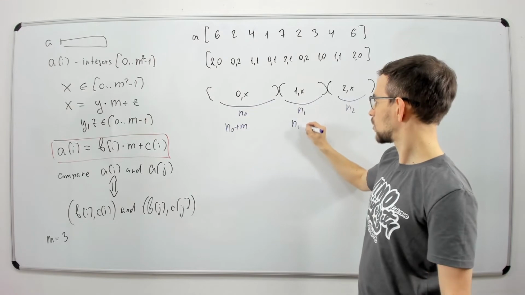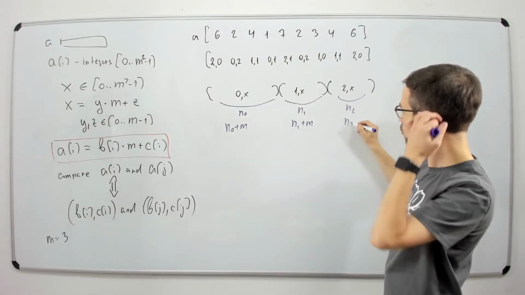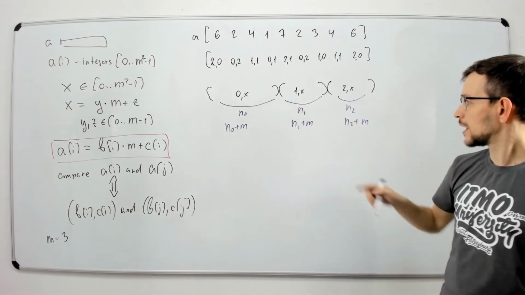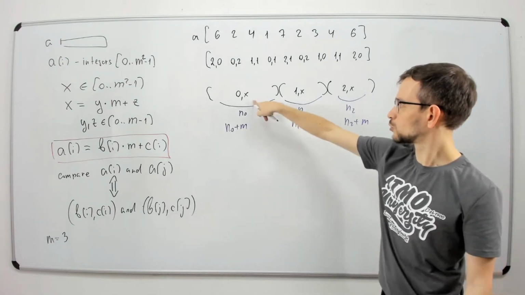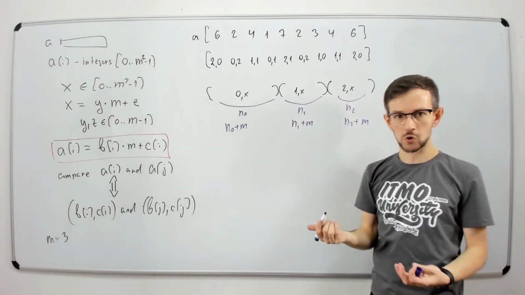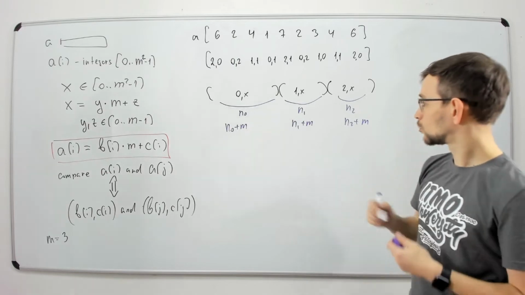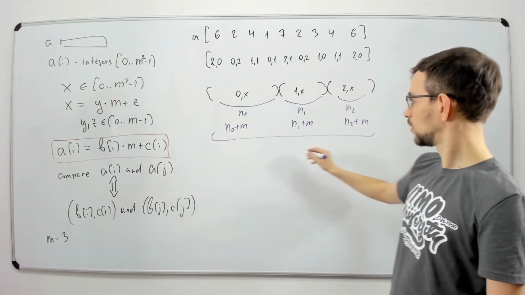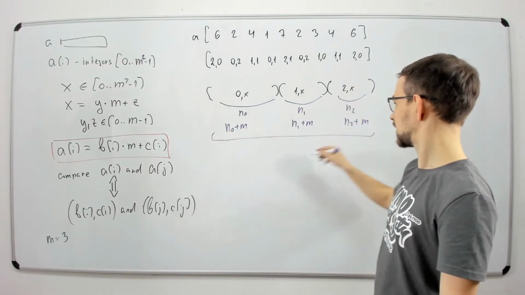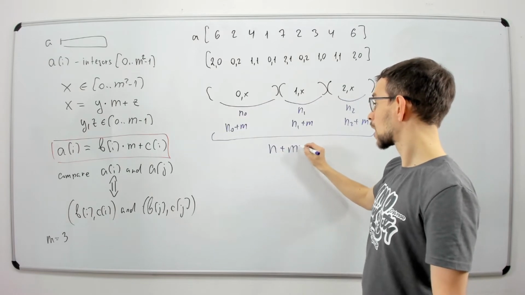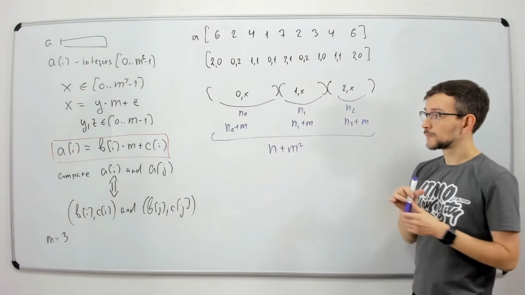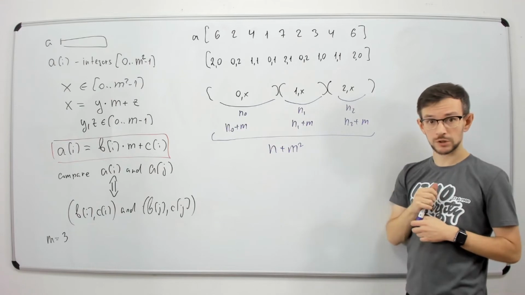You will have n1 plus m operations here and n2 plus m operations here. And this plus m adds to the time complexity of each block. So total time complexity will be like the sum of all these n's, which is n plus m squared. That's not what you want.